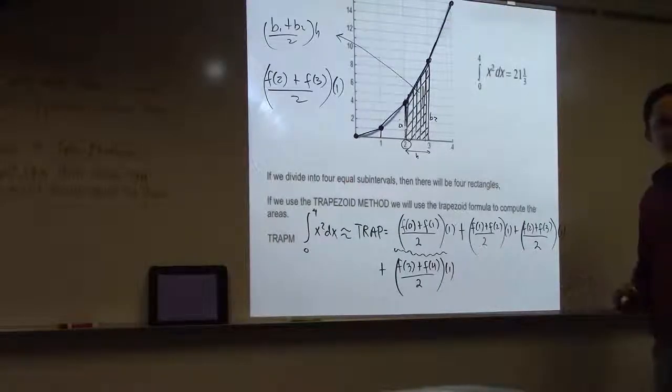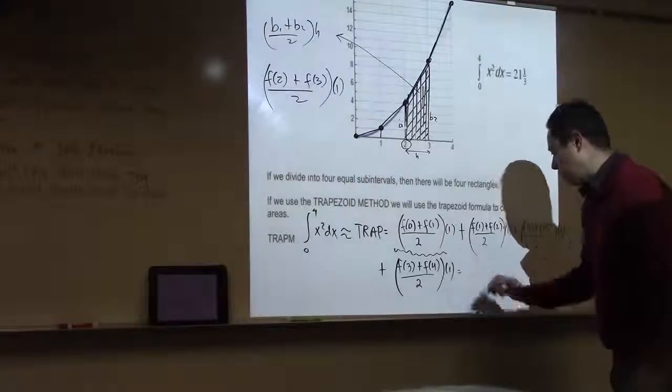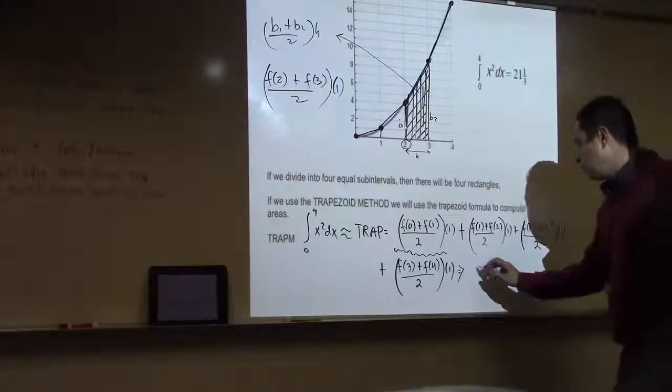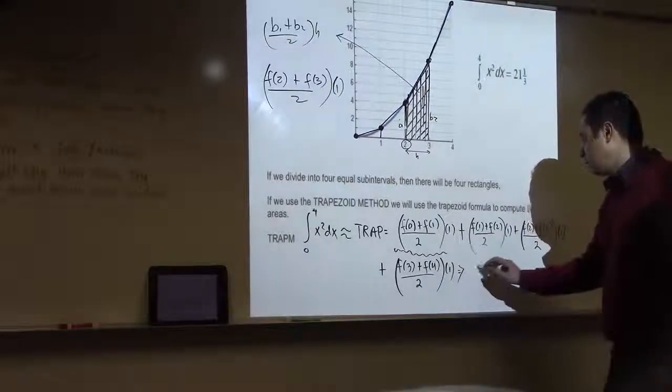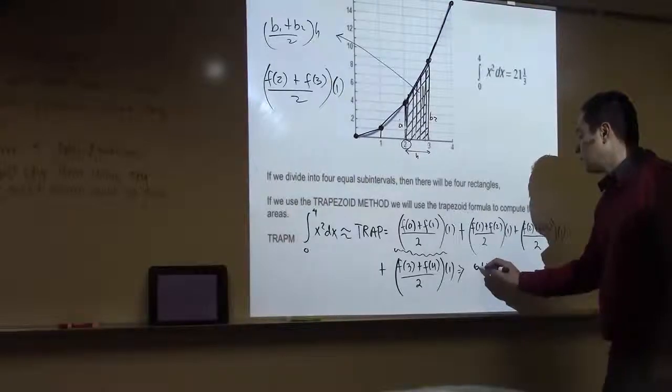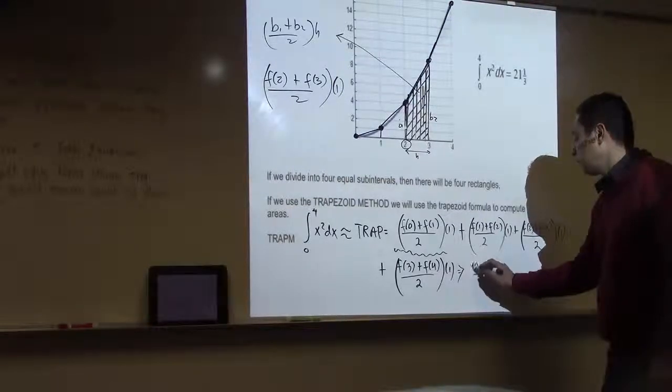That will typically get you a point. The rest is just number crunching. F of 0 is 0 plus 1, cut it in half, times 1.